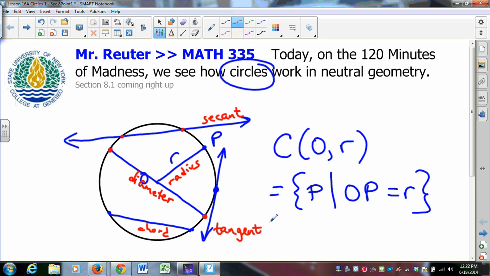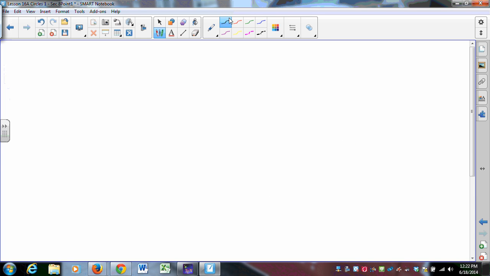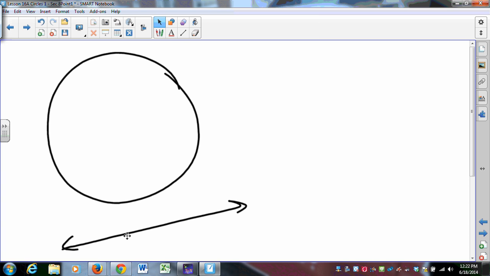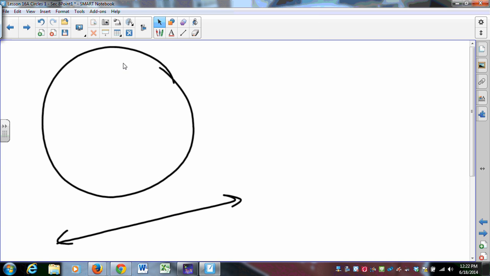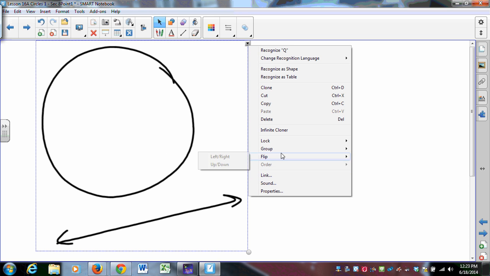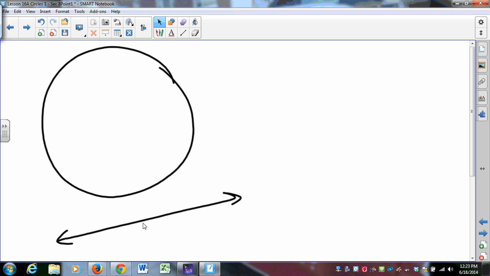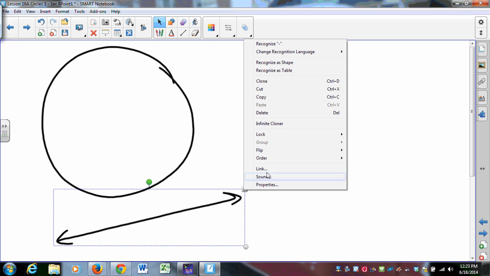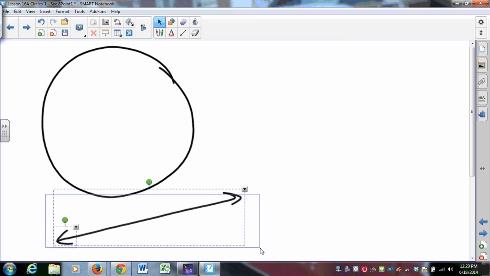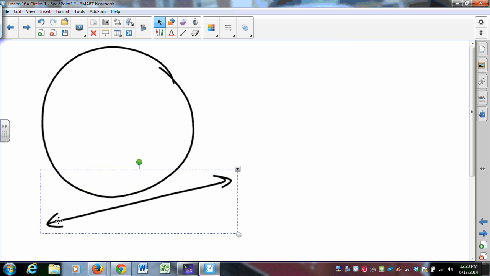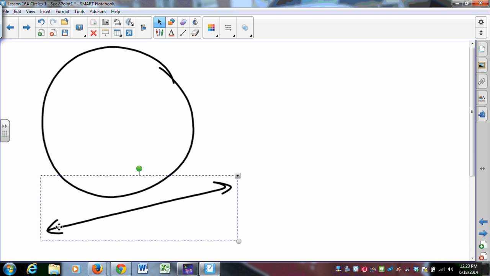So here's one of the things we should talk about. If I have a circle and a line, and that line is going to intersect the circle, well, there could be no points of intersection.